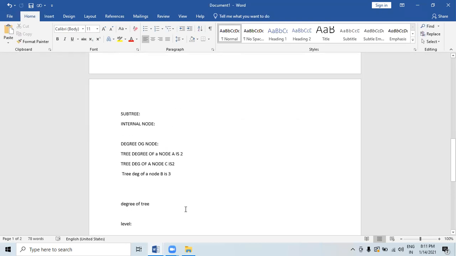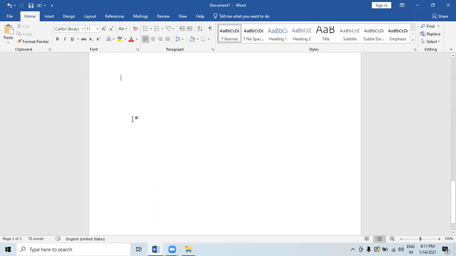Okay, so now let's see what a binary tree is. A binary tree is defined on a finite set of nodes that either contains no nodes or is composed of a root and two disjoint binary trees.